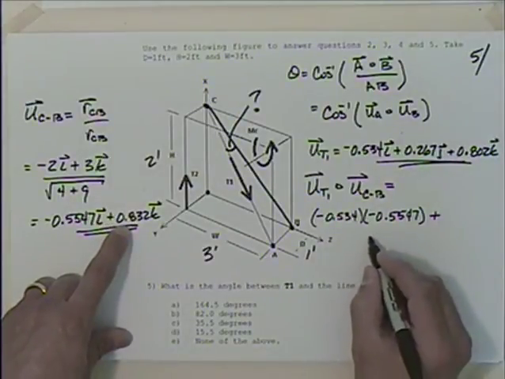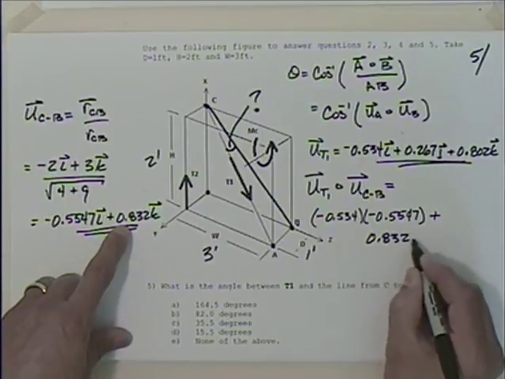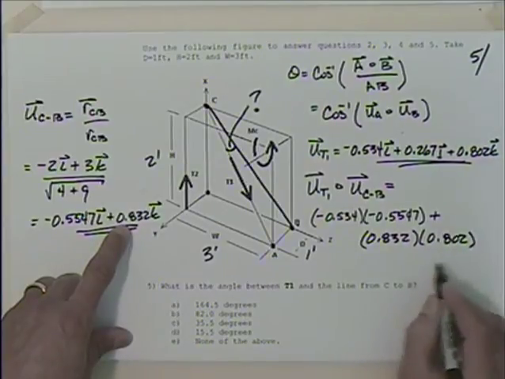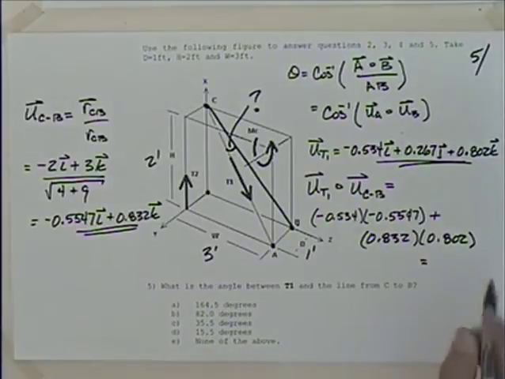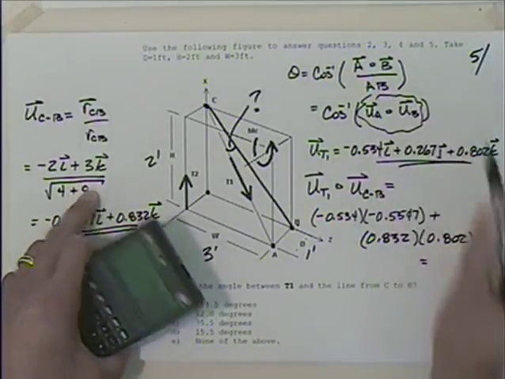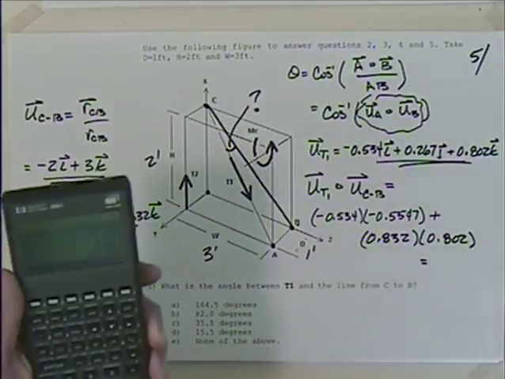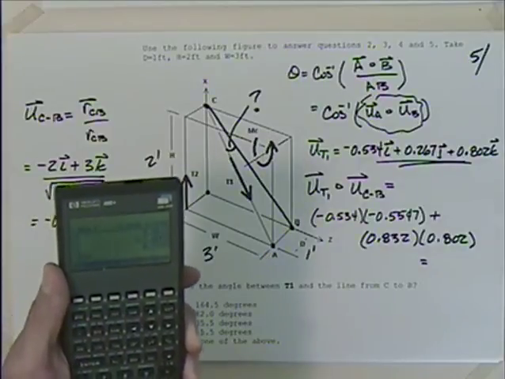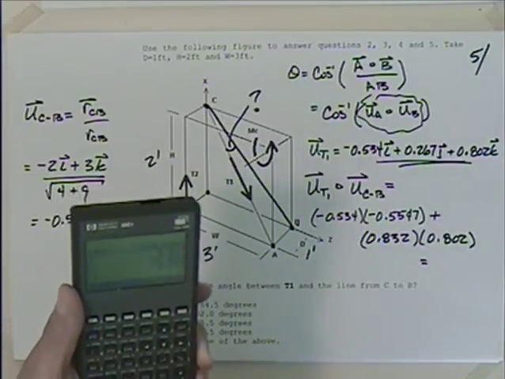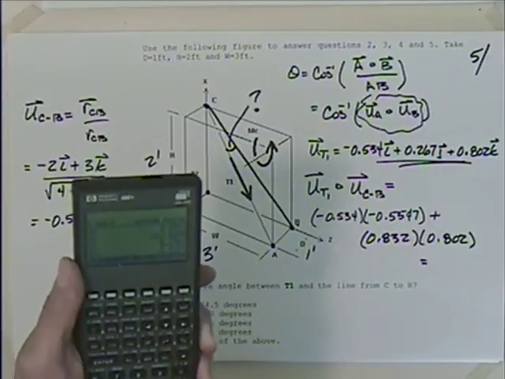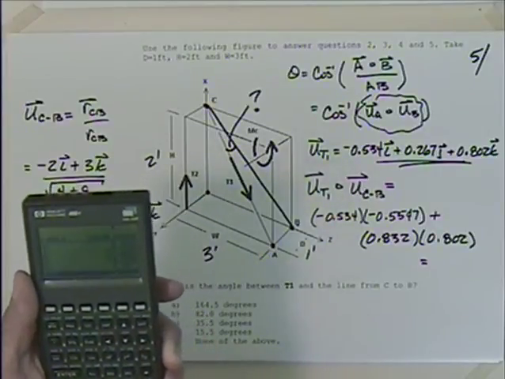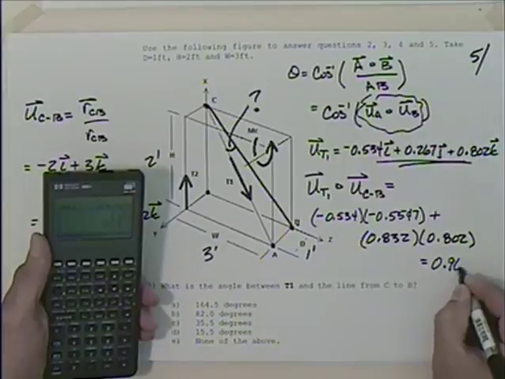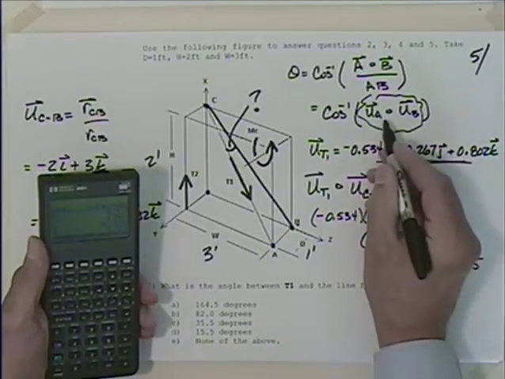And then I'm going to take this 0.832 and multiply that by 0.802. When I total that up, negative and negative becomes positive, so I get 0.9635, and that's in the argument of the arc cosine.